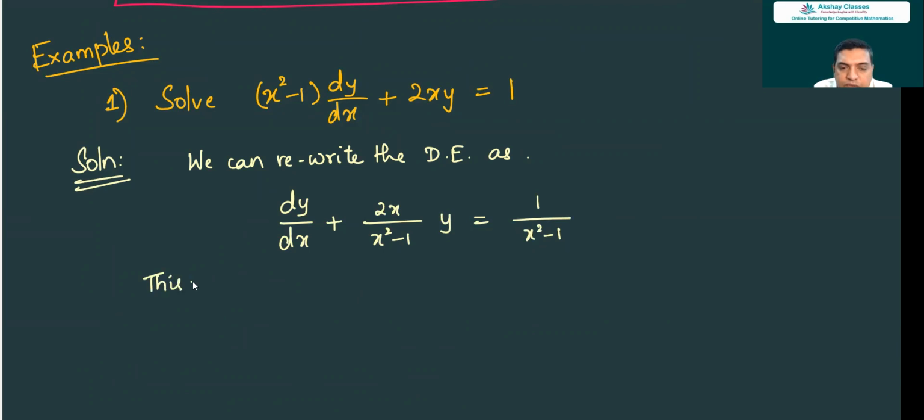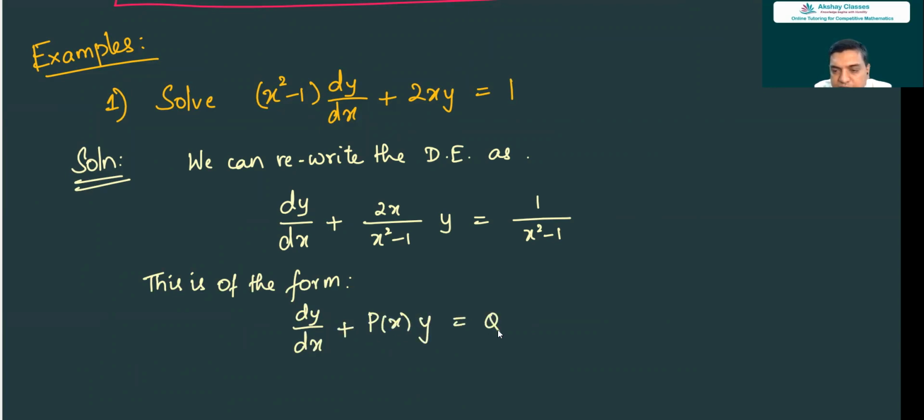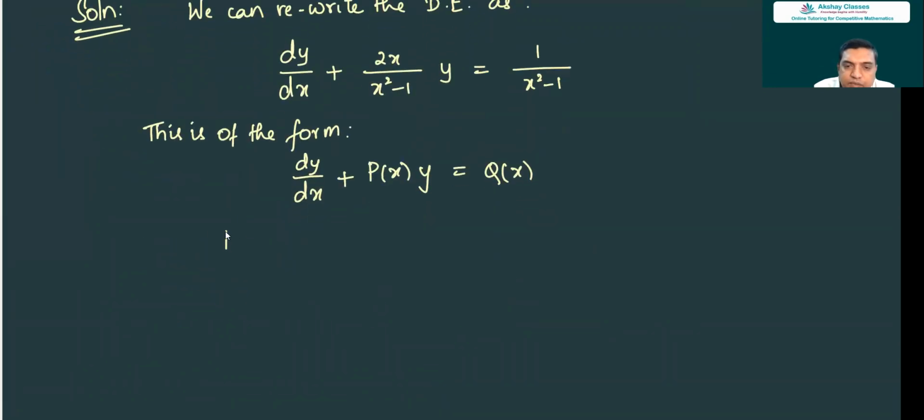So this is of the form dy/dx + p(x)y = q(x). So p(x) is this, q(x) is this, where p(x) is 2x/(x² − 1) and q(x) is 1/(x² − 1).